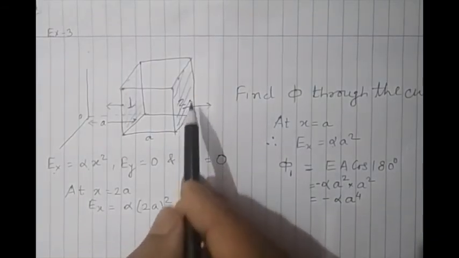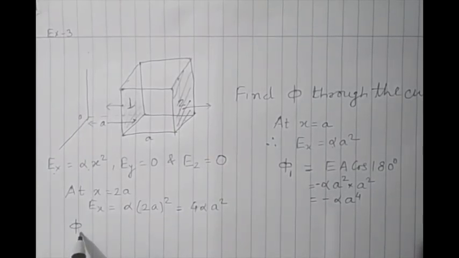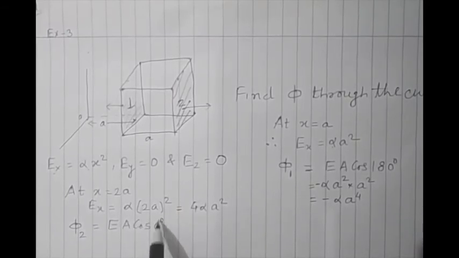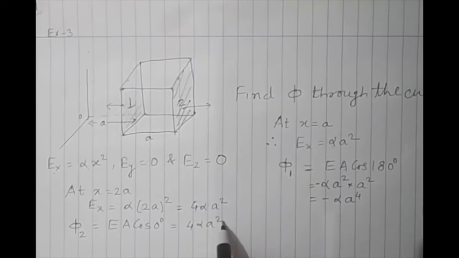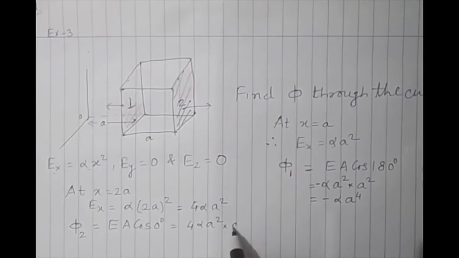So electric flux through this surface phi 2 is given by E A cos 0. The value of electric field is 4 alpha a square, area is equal to a square, and cos 0 is equal to 1, so it is equal to 4 alpha a to the power 4.